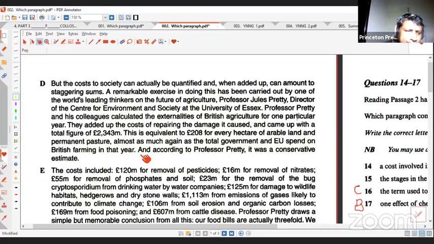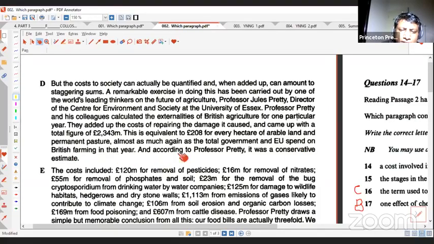They added up the cost of repairing the damage it caused and came up with a total figure of million. It's a big amount. This is equivalent to pounds for every hectare of arable land and permanent pasture, almost as much again as the total government and the EU spent on British farming in that year.